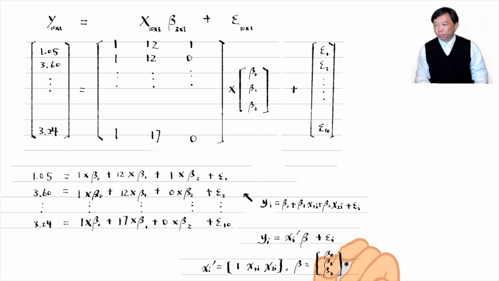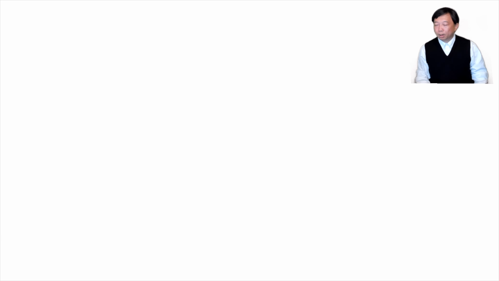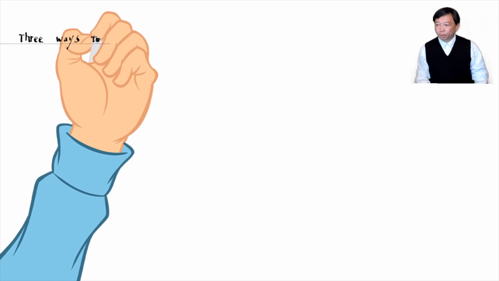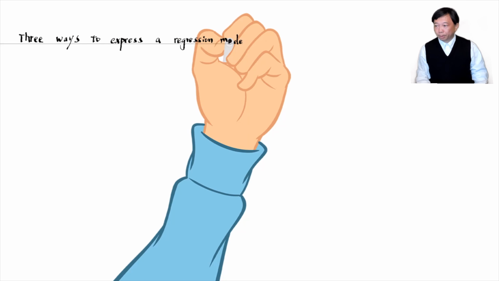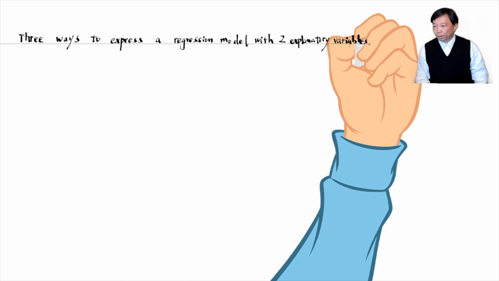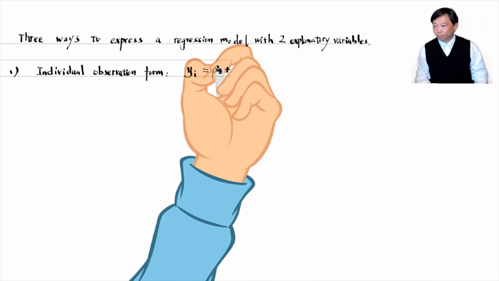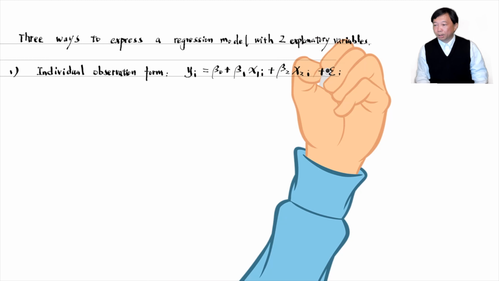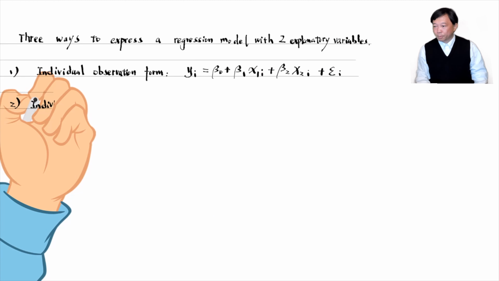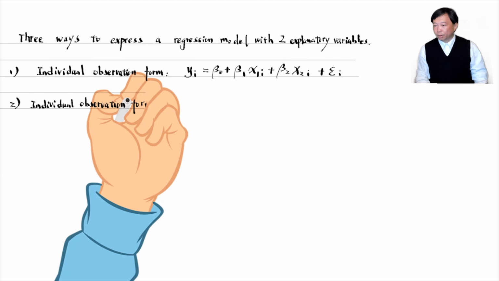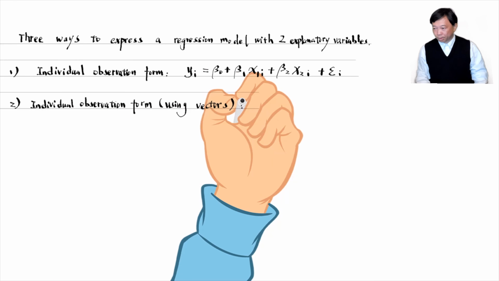In summary, we have three ways to express a regression model: individual observation, vector, and matrix forms. Take the model with two explanatory variables as an example. The first way is for the i-th observation. The second way uses the row vector and the column vector.